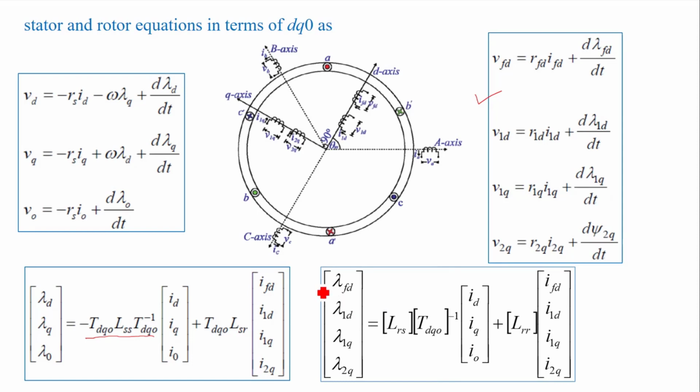Similarly, the flux linkage equation of the rotor side will remain the same, except the ABC or three-phase quantities. Here it was IA, IB, IC, which I can write as TDQO inverse into ID, IQ, IO. And other quantities will remain the same.